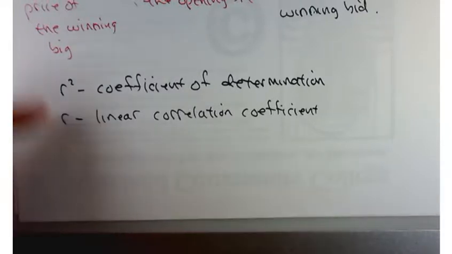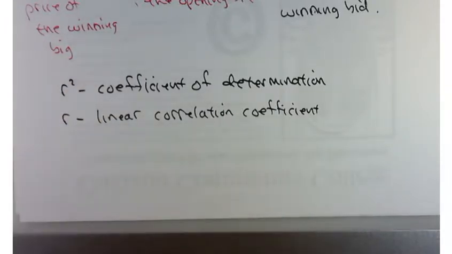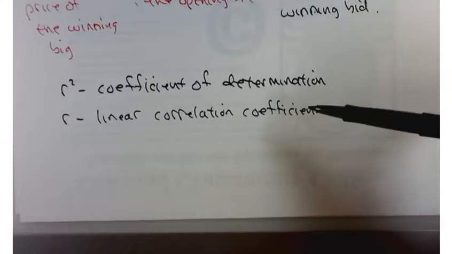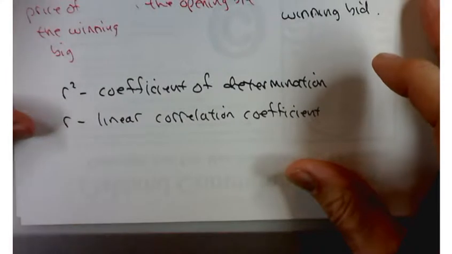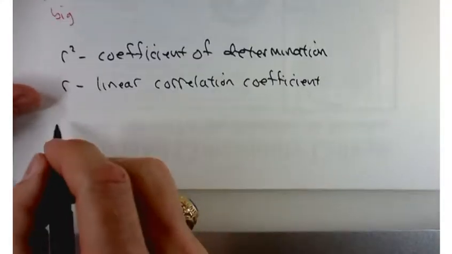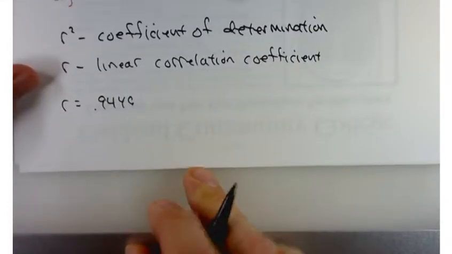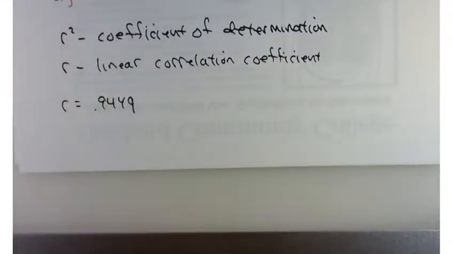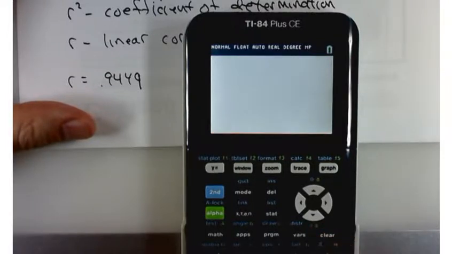But let's take a look at our current value of R of 0.9449. And let's square that. See what we get. Is it 9468? Yeah, it changed when you... Oh, okay. All right, 9468, thank you. 0.9468.